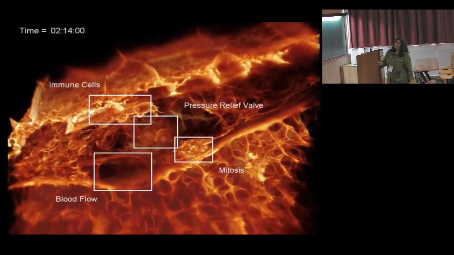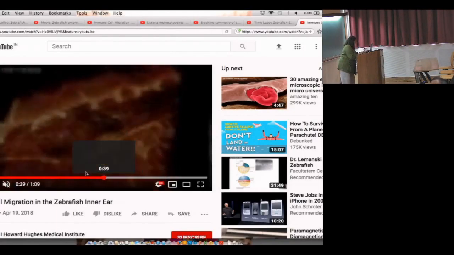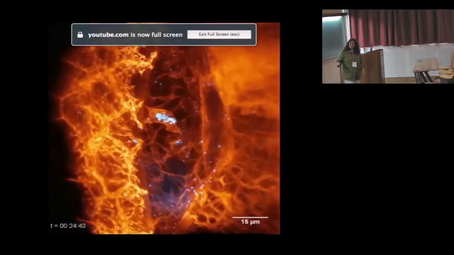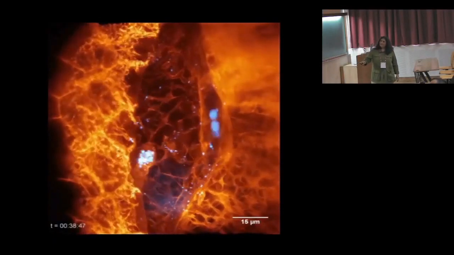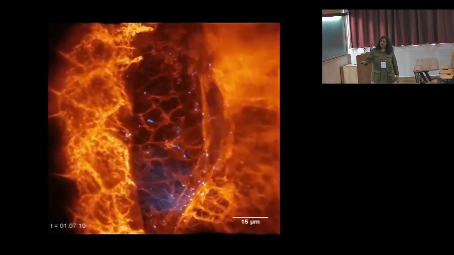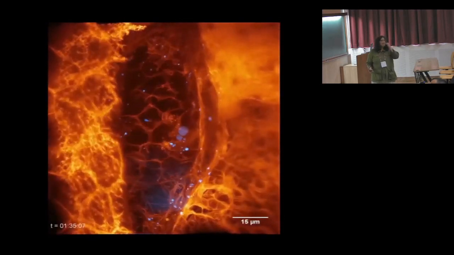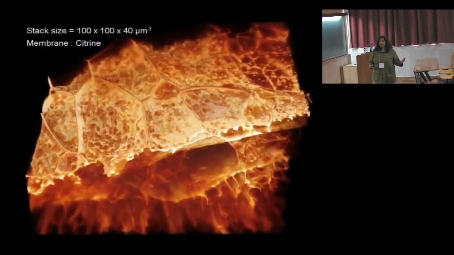You can see many different things, but just play this thing again. So that thing there is the macrophage. You see how quickly it's moving about, how quickly it's changing its shape. Everything that's inside it is stuff that it has engulfed, right? So this is in the inner ear of a zebrafish embryo, right?